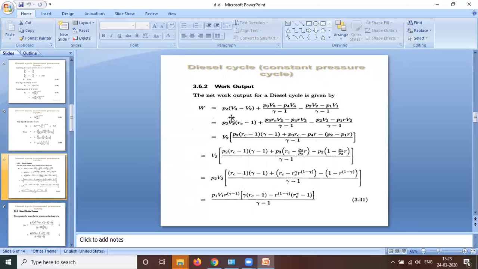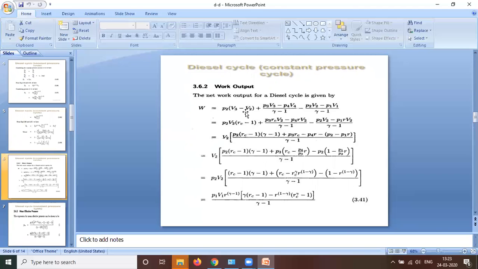Now in process 2-3, the pressure is constant and the volume increases, so the work done is P dV. Process 3-4 is the isentropic expansion process, and process 1-2 is the compression process. We start solving.